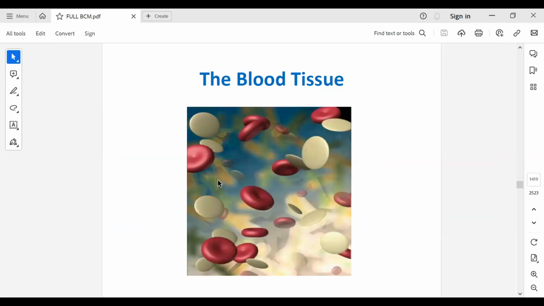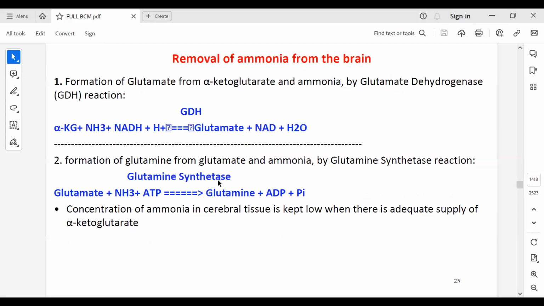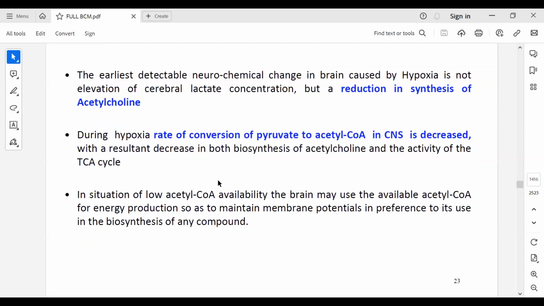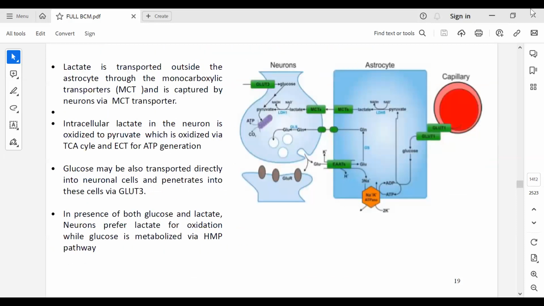Now we have the blood tissue. But the main thing about the brain tissue is to understand that from the blood, through the GLUT transporters, you'll get glucose.